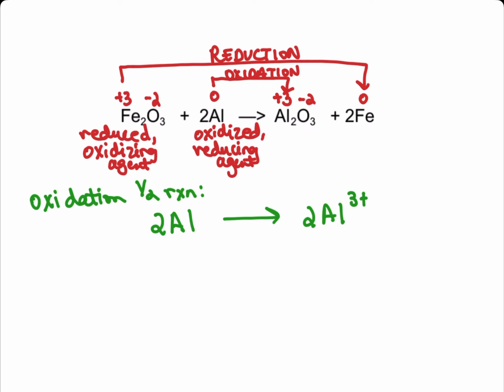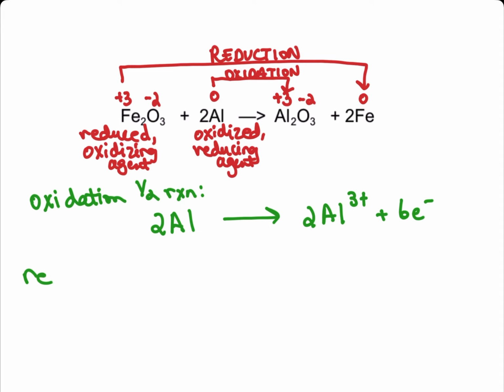So I have 2 aluminums on both sides. My charge on the left side is 0. My charge on the right side is 2 times 3 plus, which is +6. So that means I have to add 6 electrons. And that is the definition of oxidation, the loss of electrons.